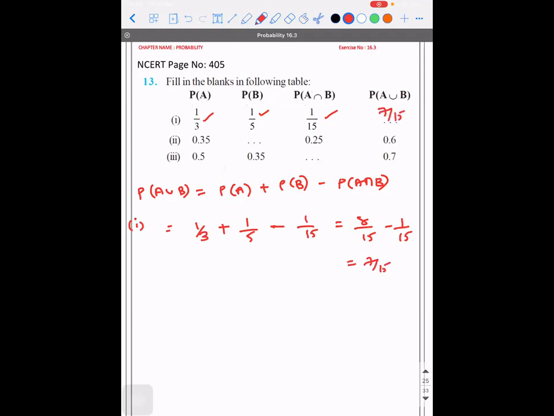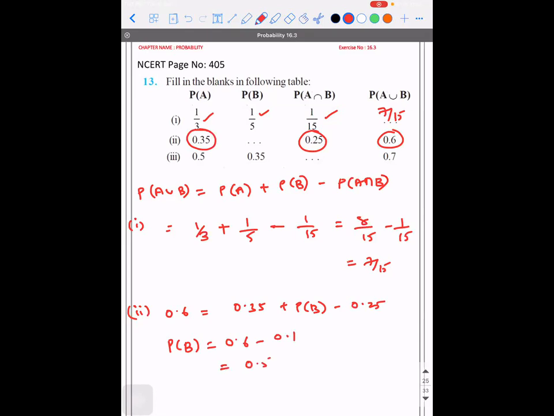Right? Here it is 0.35, 0.25. And this is 0.6. For the second one, 0.6 is equal to 0.35 plus probability of B minus 0.25. So what is probability of B? It is 0.6 minus 0.5... Yes, sir. What about the third one?